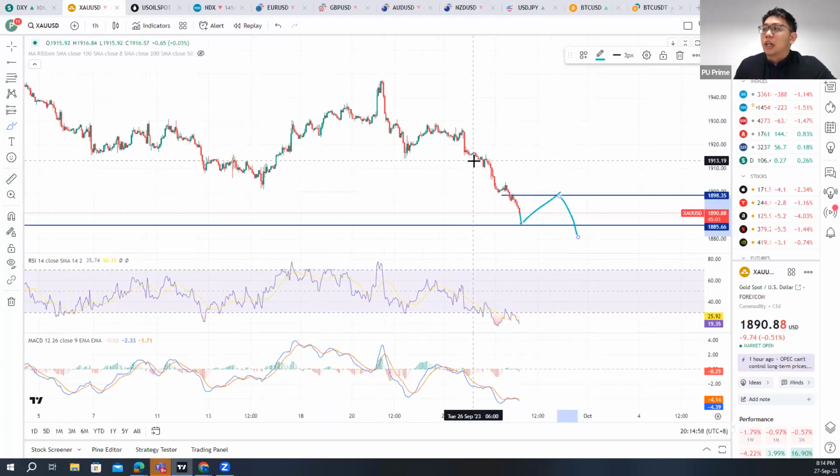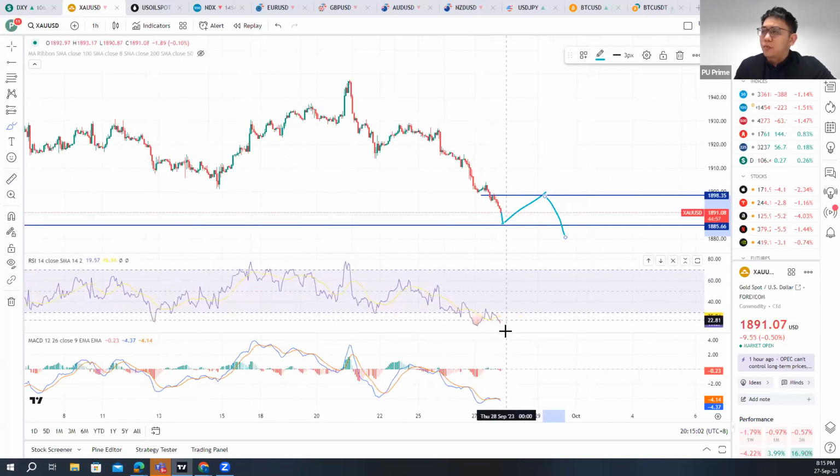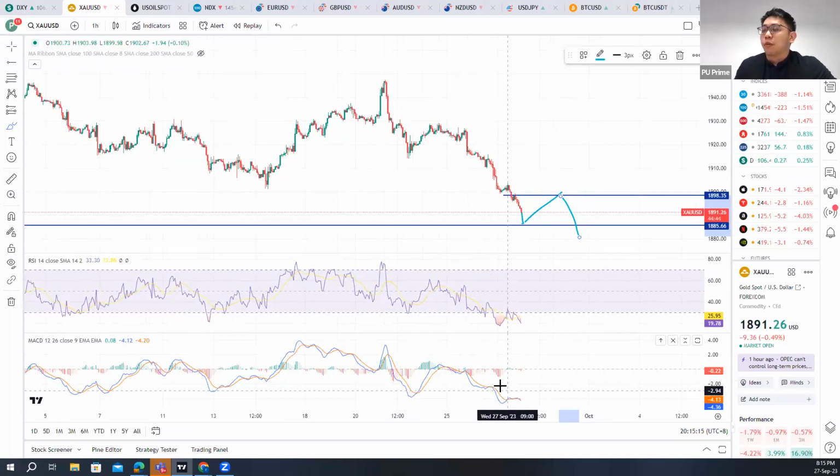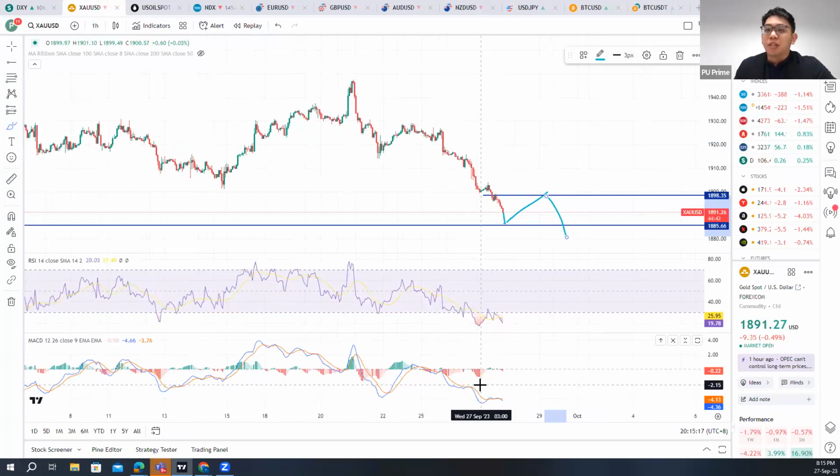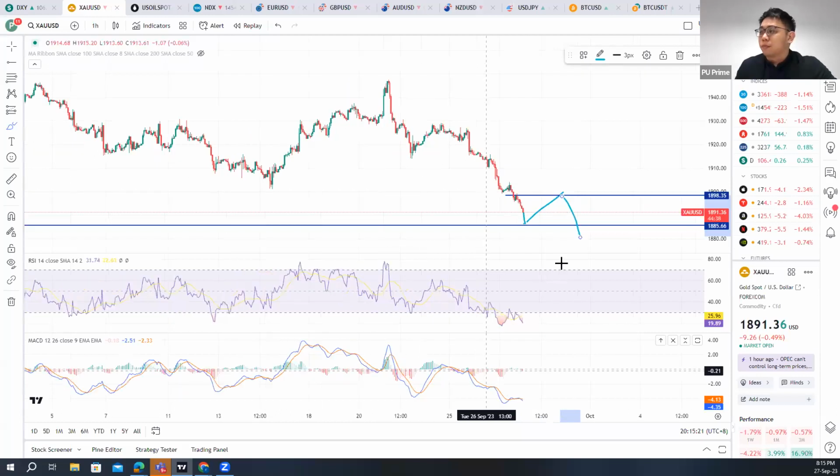trading in a very bearish momentum, where now even the RSI has deeply broken into the oversold zone, and the MACD continues to make a lower low. This also depicts that the bearish momentum for gold is extremely strong at the moment.